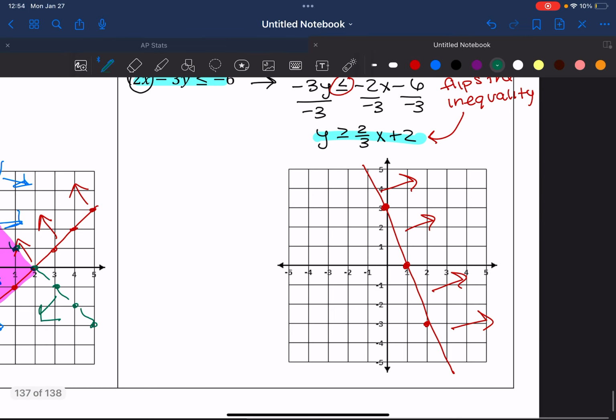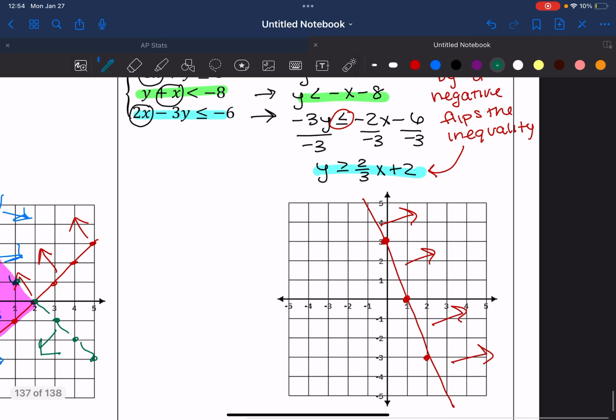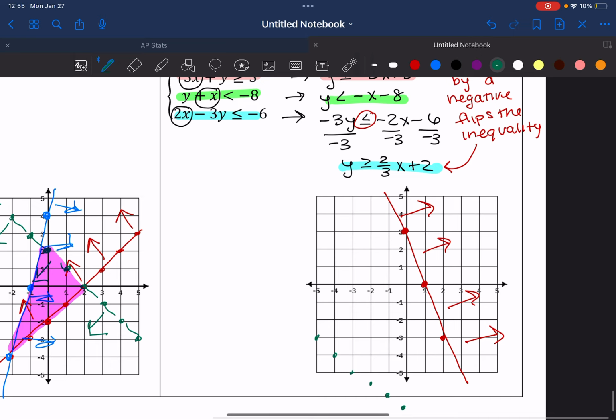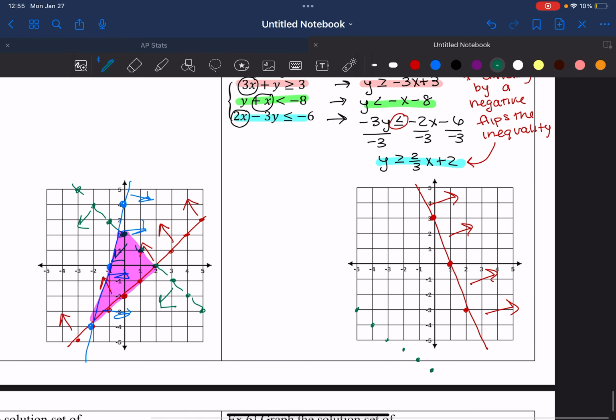You'll notice that negative 8 is kind of off the graph here. And negative x means I should be going down 1, right 1, but I'm going to do the opposite. I'm going to go up 1, left 1. So it's going to look something like this. And I do know it is off the graph. But since it's less than, it's going to be a dotted line, and my arrows are going to go down.